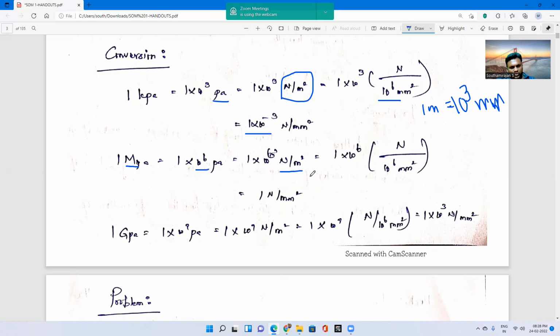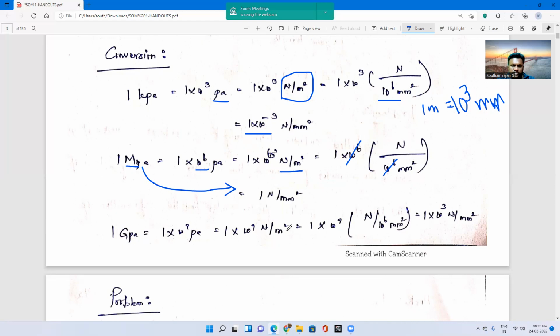To simplify, we convert meter square into mm square, so 1 into 10 power 6 Newton divided by 10 power 6 mm square. The 10 power 6 gets cancelled. Finally, we obtain 1 megapascal equal to 1 Newton per mm square.